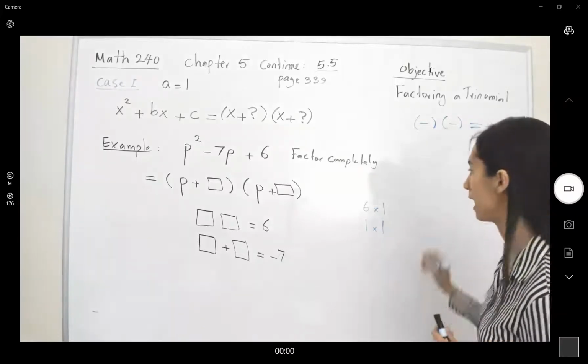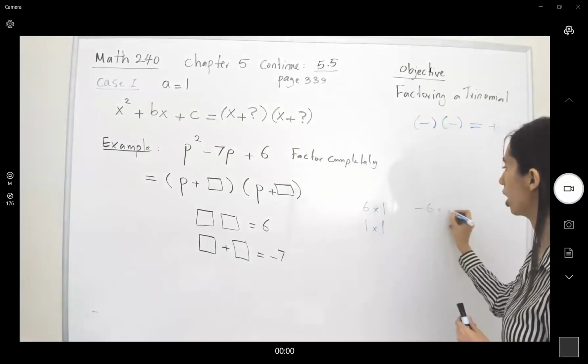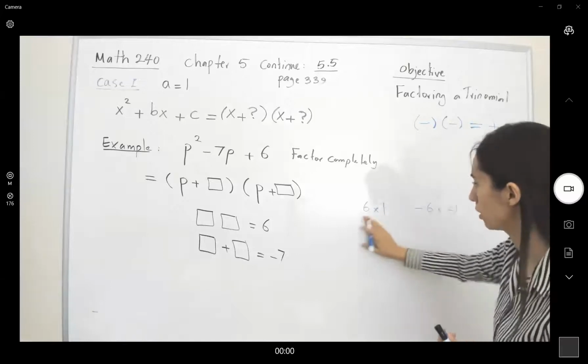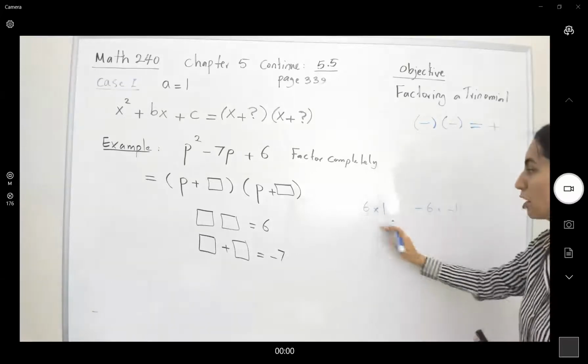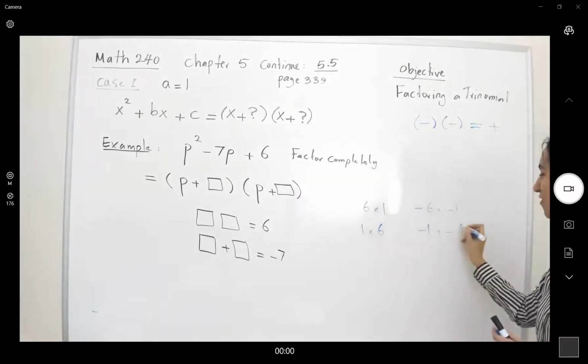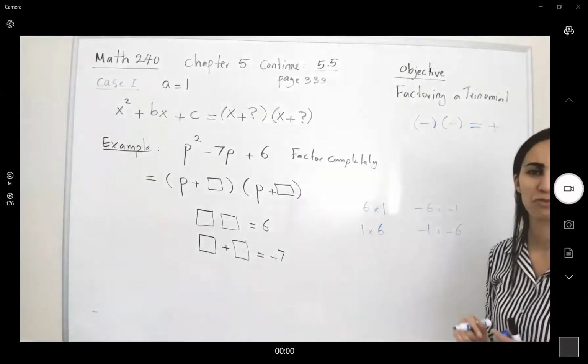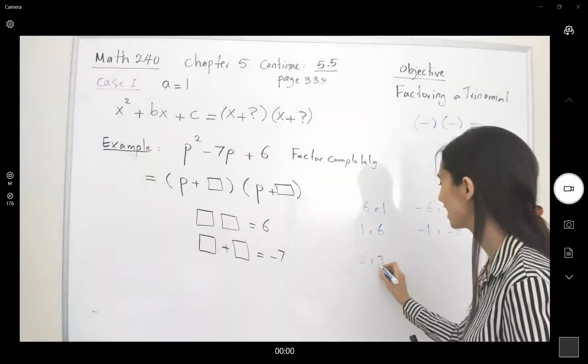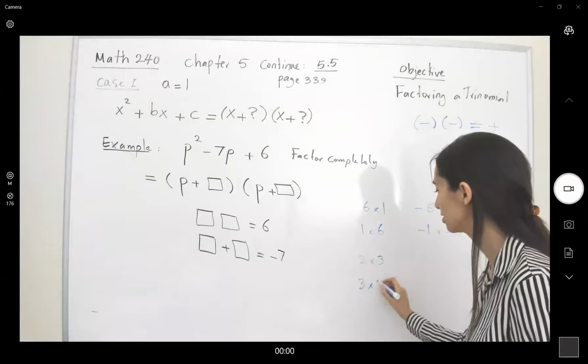So I can have minus 6 times minus 1. So negative 1 times minus 6. Very well. What else? You have 2 times 3 and also 3 times 2.